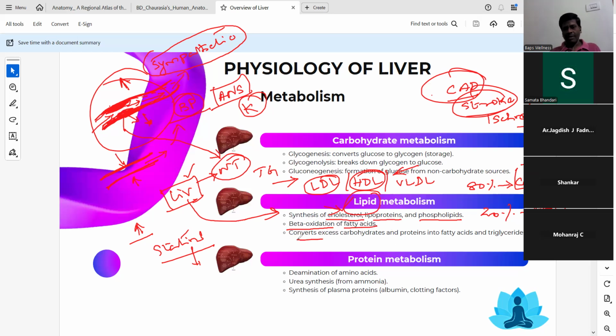And then it converts excess carbohydrates and proteins into fatty acids and triglycerides. Thereby it maintains various levels of cholesterol and triglycerides and regulates the carbohydrates and proteins taken by the body from the food. That is lipid metabolism.